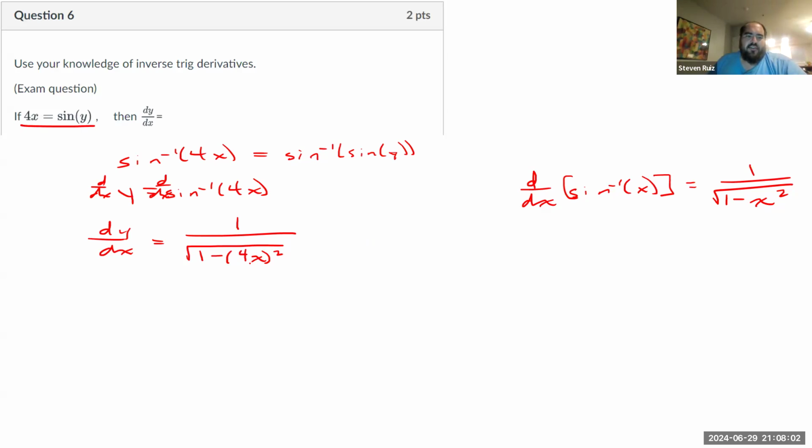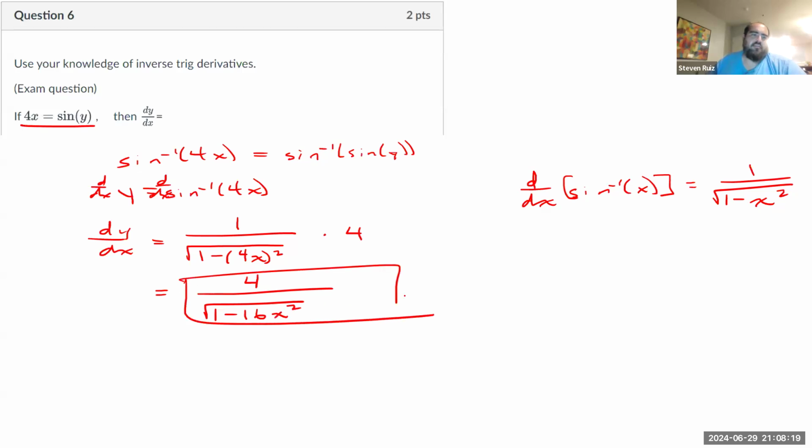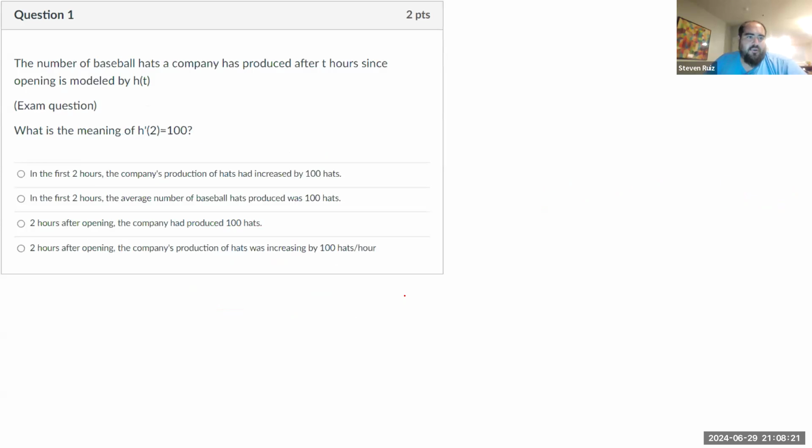But since that inner function is not simply x, I have to multiply by the derivative of that inner function, so that'll be 4. So if I do a little cleaning up here, I get 4 over the square root of 1 minus 16x squared. So that is our derivative there. And I believe that's all for part 1.